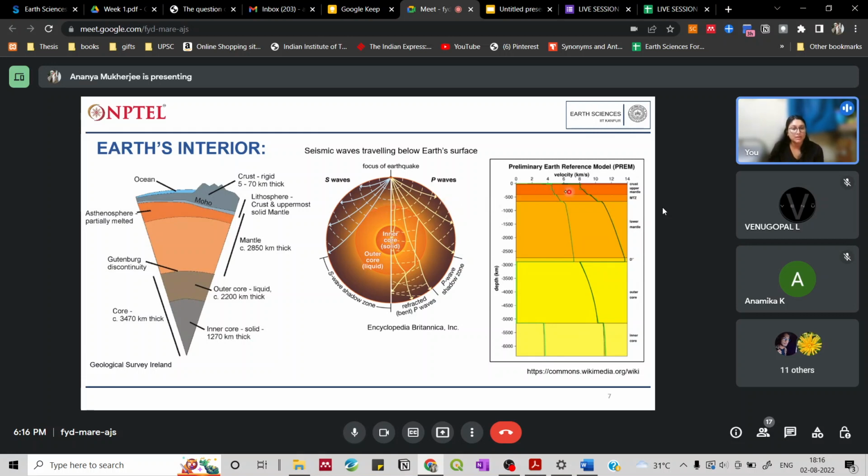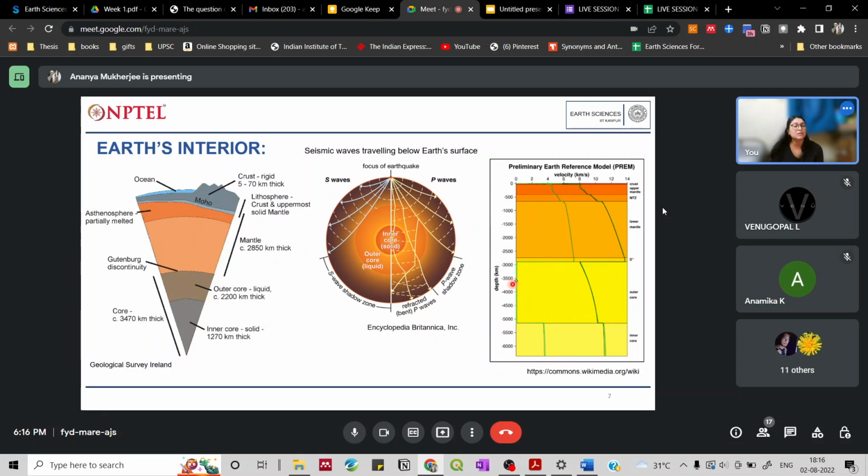Over here, as we can see, this is called the Preliminary Reference Earth Model, the PREM model. The plot on the left hand side is the S wave plot, and the plot on the right hand side is the P wave plot. We see that between around 2900 kilometers and around 5100 kilometers, there is no S wave.